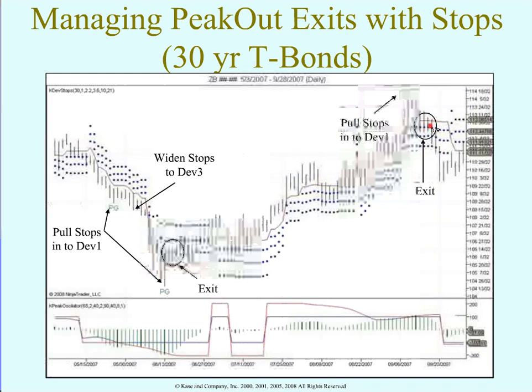So I have worked with a lot of traders that in the past have wanted to use momentum divergence or overbought and oversold signals such as these peakouts as an entry signal. And logically, you would think that would make sense. If it's showing that the market's going to turn, why not get in the opposite direction? But as we have seen throughout the presentation here, you don't always get those follow-throughs.